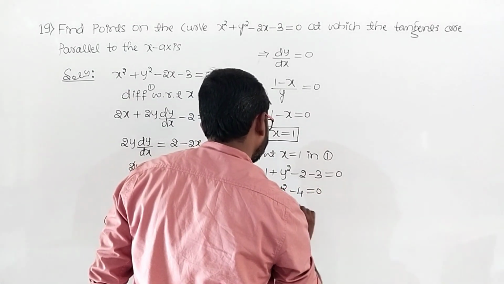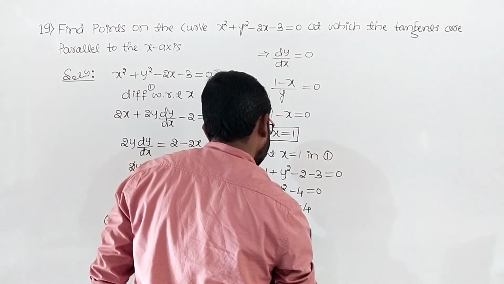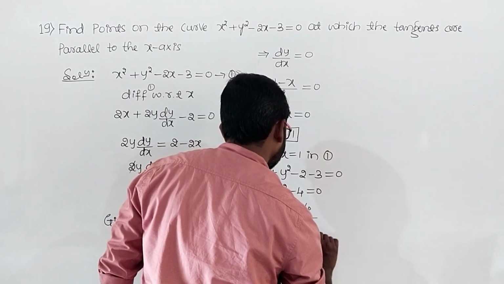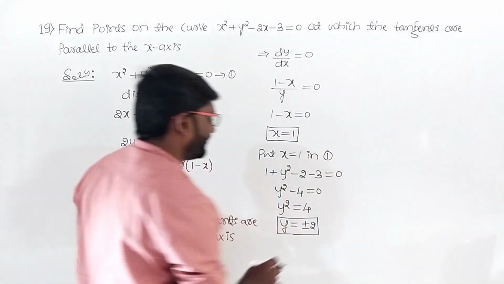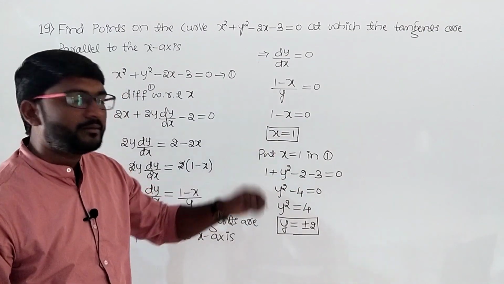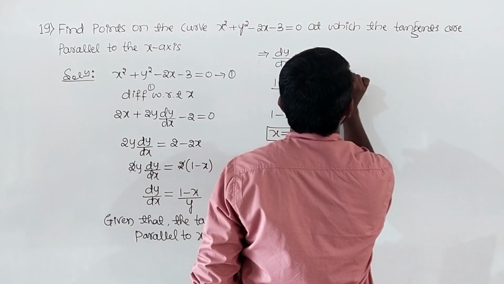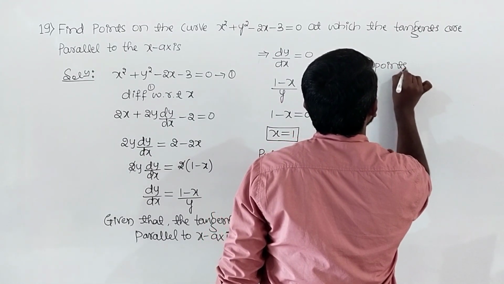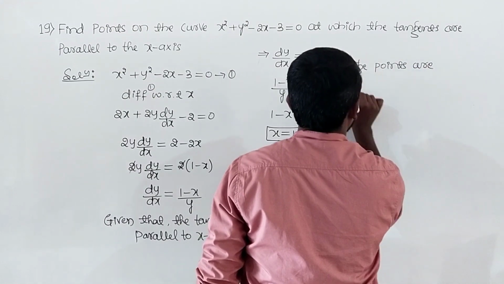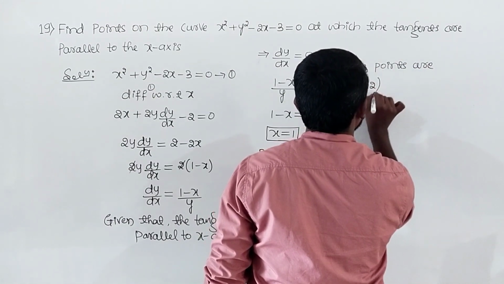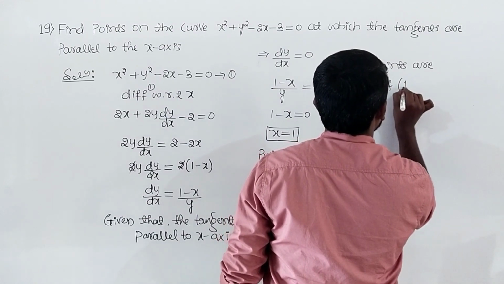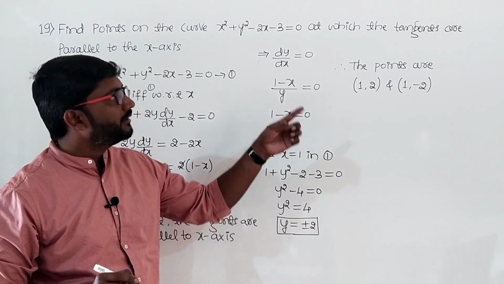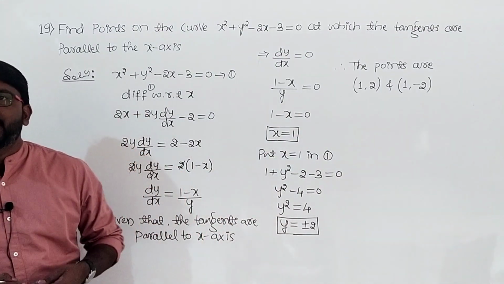Then y square equal to 4, y will be plus or minus 2. Therefore, the required points are 1 comma 2 and 1 comma minus 2. So x coordinate is 1 and y coordinates are 2 and minus 2. So this is all about the 19th problem.